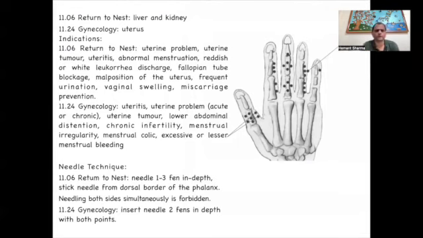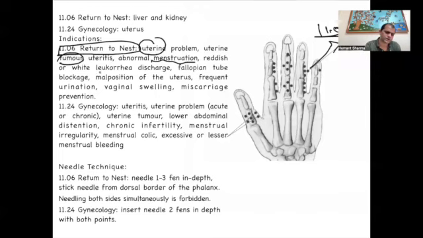If you go one by one, it is very clearly mentioned: 11.06, Return to Nest, the point we just discussed, is a very good point for uterine problems, even uterine tumor, any problem of the uterus, inflammation of the uterus, and abnormal menstruation.